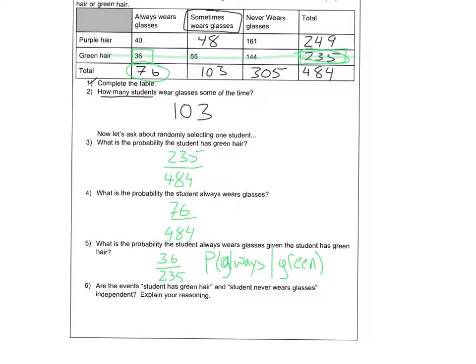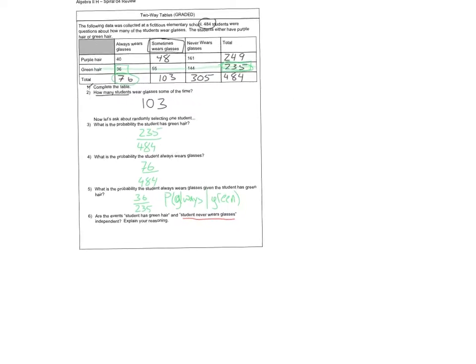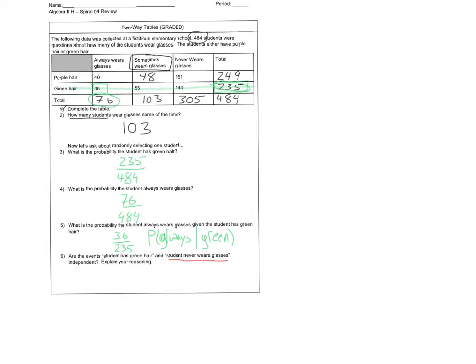This is also different than the probabilities that we calculated before, because here we care about never wears glasses, and before we were talking about always wears glasses. So the person who created this question wants you to do a little bit of extra work because they are a jerk. But just kind of looking at this, we know that we have probability of green, and that's going to be equal to 235 over 484.